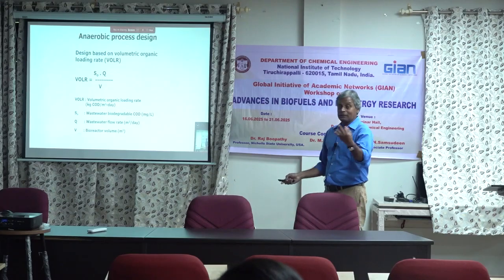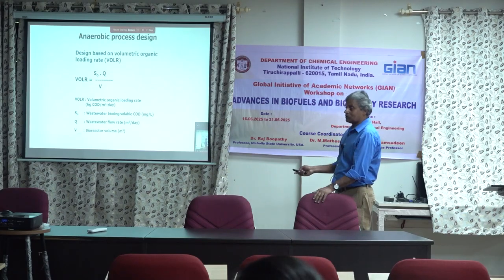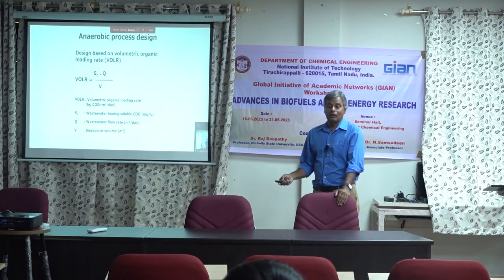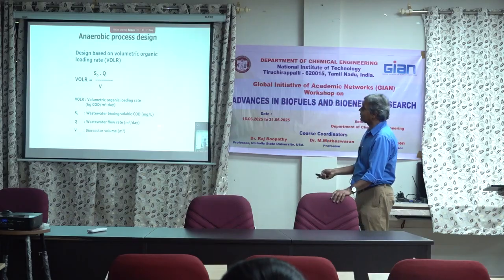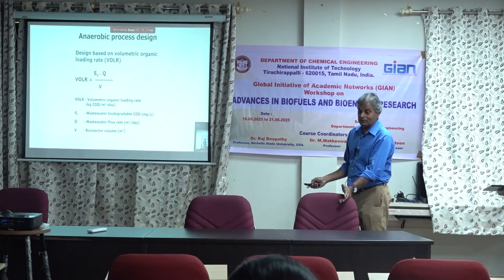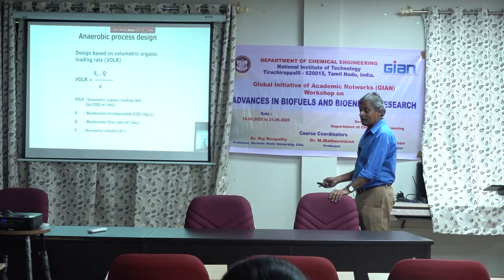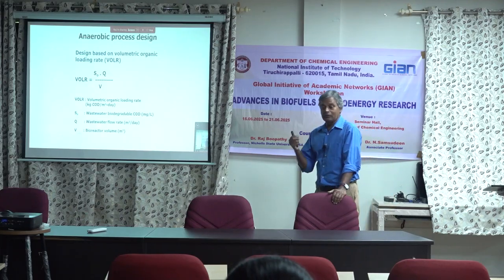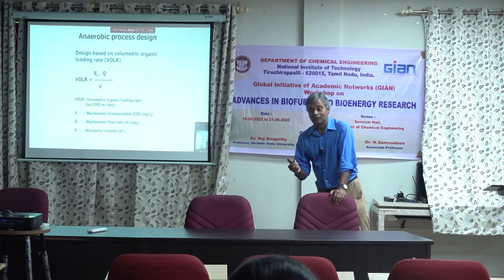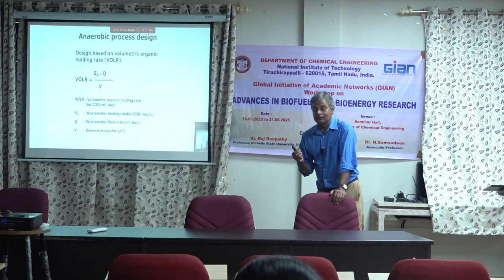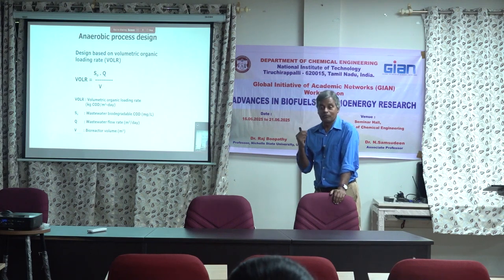You need to know three things if you want to know how much carbon loading you're putting in the system. You need to know the COD of your waste, the carbon in the input. Then you need the flow rate, the volume of water you want to pump into that bioreactor in cubic meters per day.